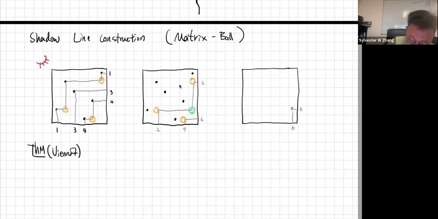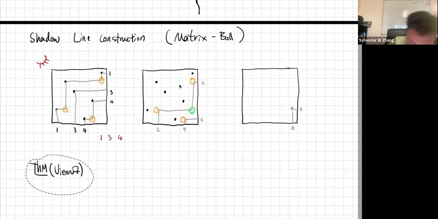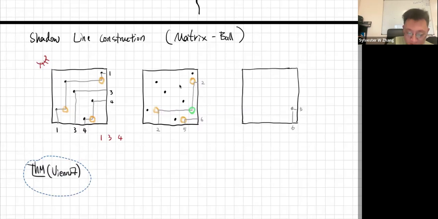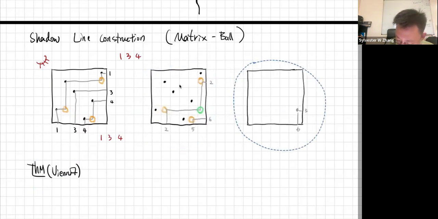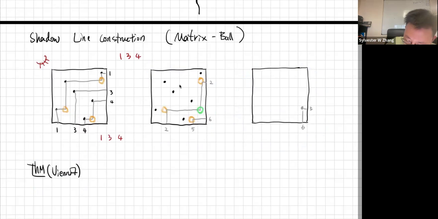So this one gives you 1, 3, 4, which is going to be the first row of your P tableau. And similarly here, 1, 3, 4 is going to be the first row of your Q tableau. And then in the next step, you get the second row. Wait, did I say second row?